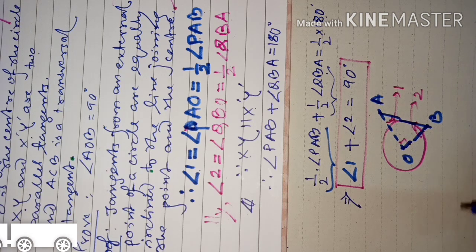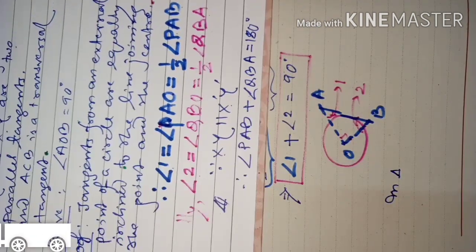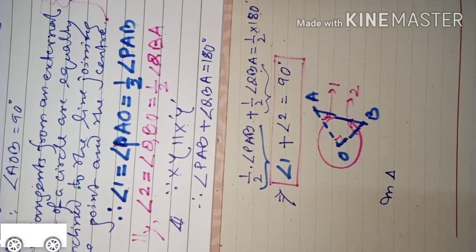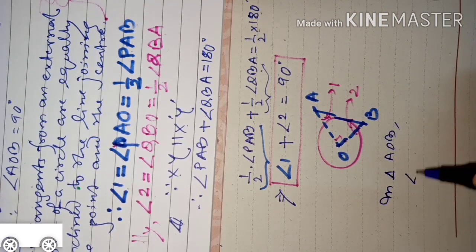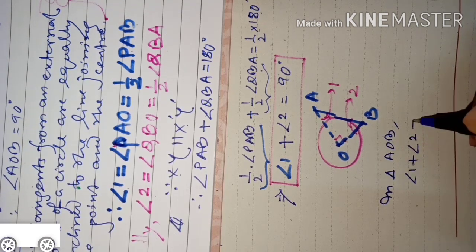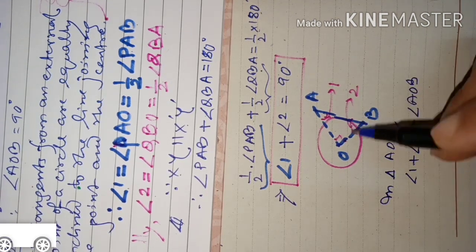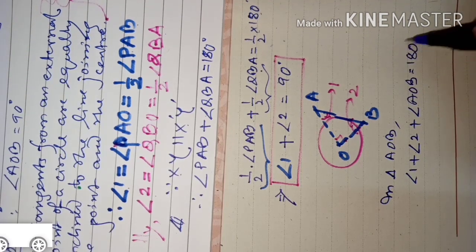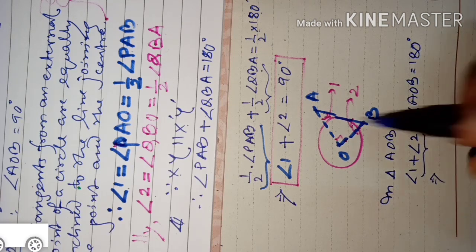In triangle AOB, angle 1 plus angle 2 plus angle AOB is equal to 180 degrees. Sum of the three angles of a triangle is 180 degrees. But angle 1 plus 2, you already know their sum is 90 degrees.